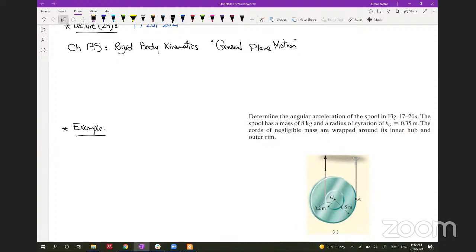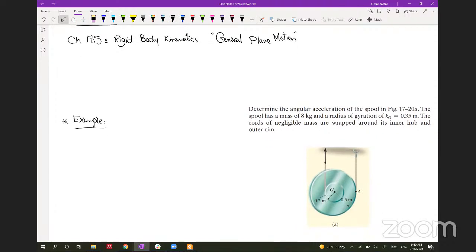Actually, this spool is not a perfect circle because it has a much higher thickness at 0.2 meter, and it has a groove. So we cannot use the I of the cylindrical disc or the circular plate.